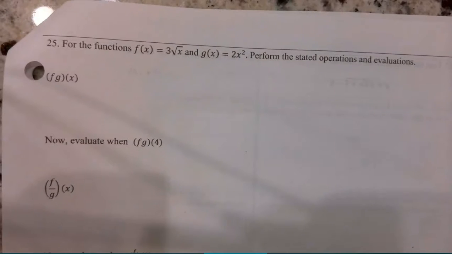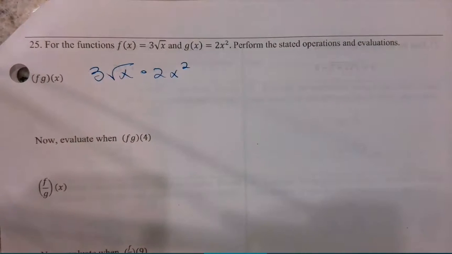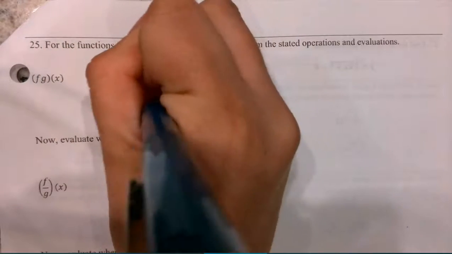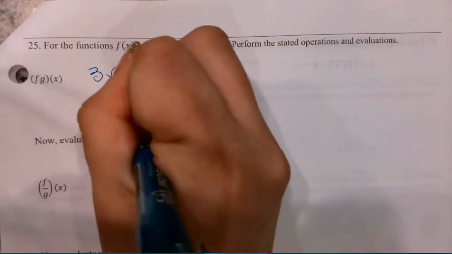Okay. Moving on, these function compositions are multiplication and division. So I have 3 square root of x times 2x squared. I want to start off by rewriting this x as a 1/2 exponent. I can multiply my big numbers. Gives me 6.